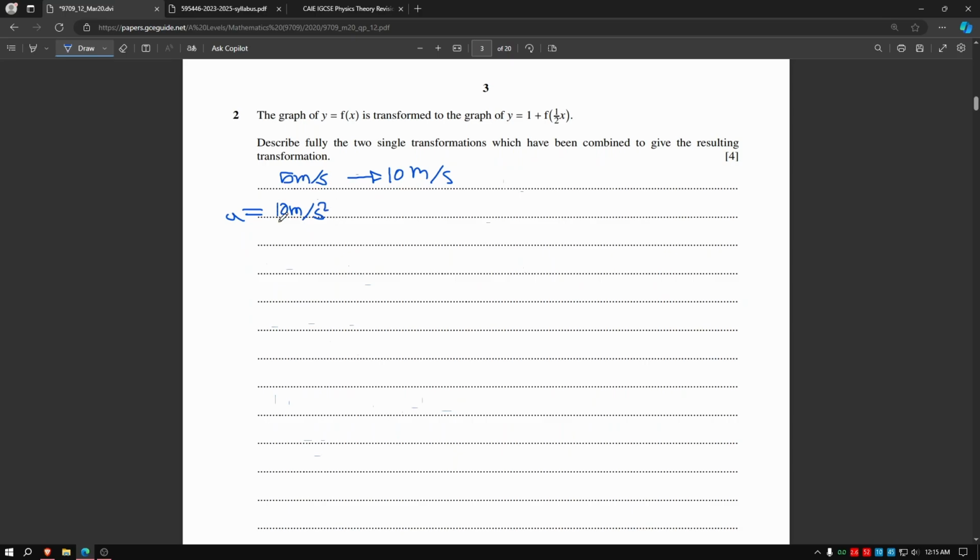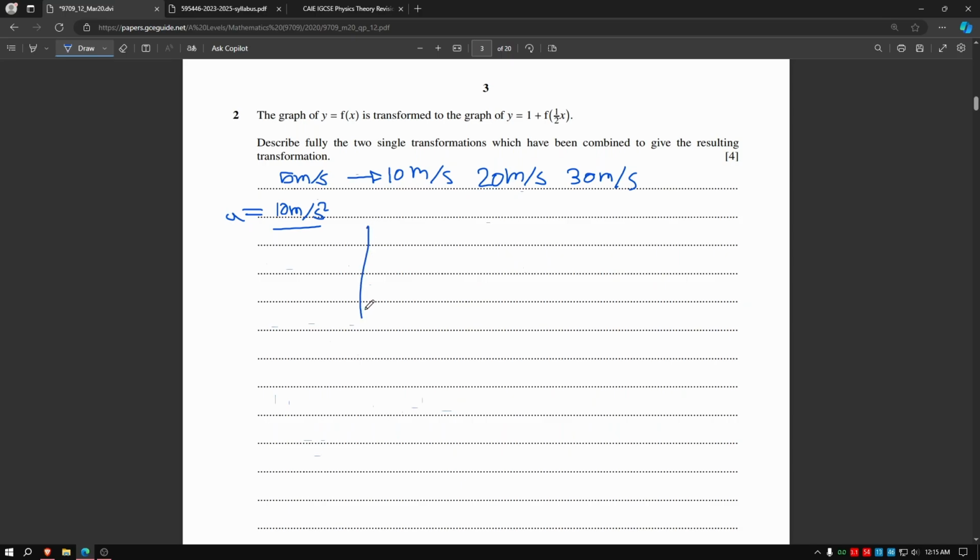What does this mean? Your speed is increasing by 10 meters per second every second. Once you are at 10 meters per second, one second later you will be at 20, the next second 30. The car will be accelerating, going 10 meters per second faster each second.